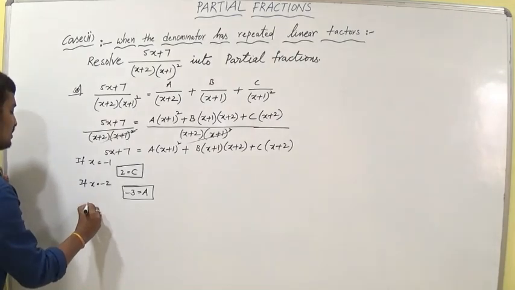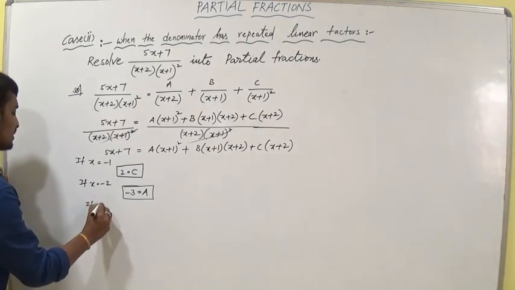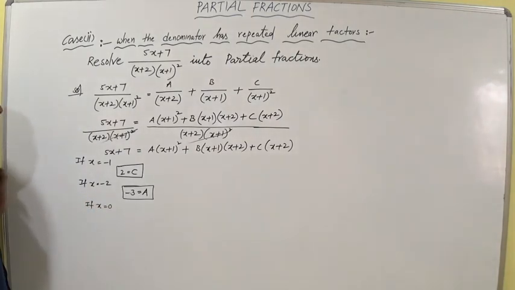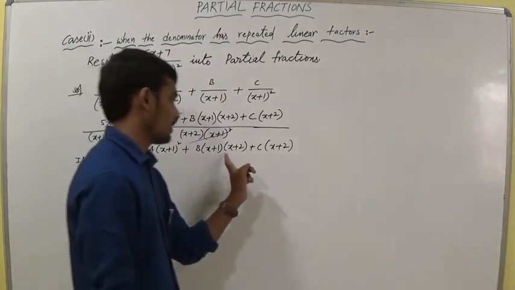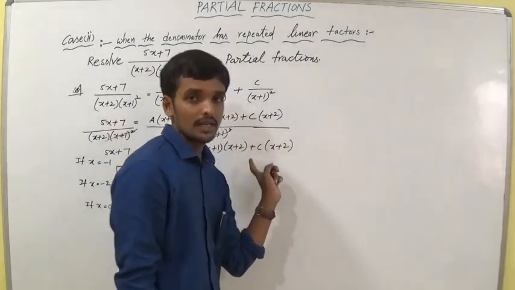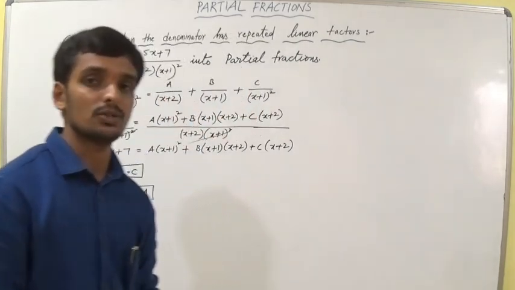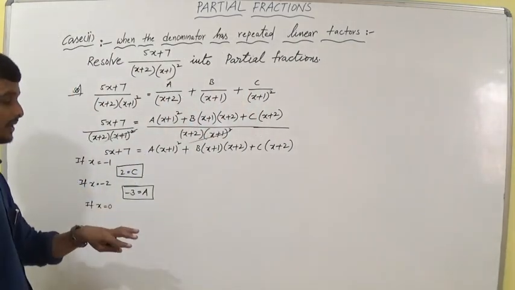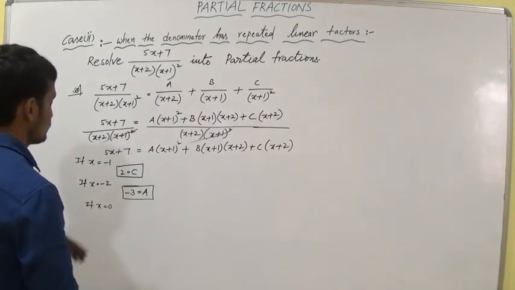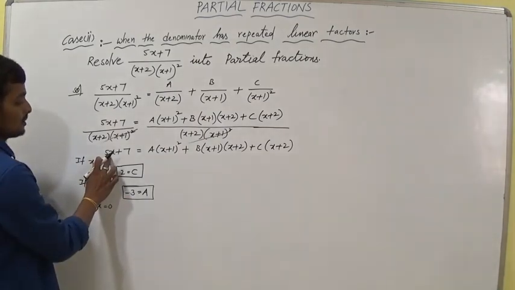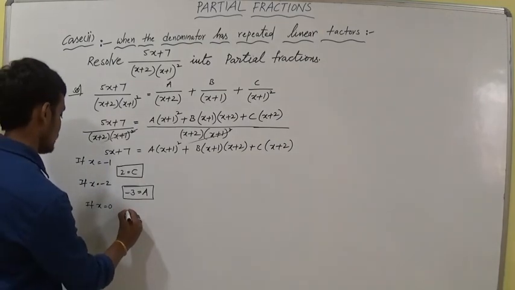Next, I always prefer x is equal to 0. Why? Because there are no other options. We have only two different factors. x plus 1 is the factor, I am taking minus 1. x plus 2 is the factor, I am taking minus 2. But there is no other factor. That's why I am taking x is equal to 0. x is equal to 0, 5 zeros are 0, 0 plus 7 is equal to 7.